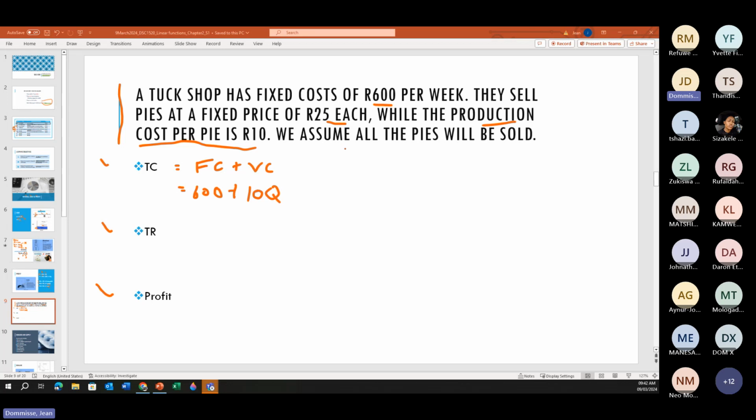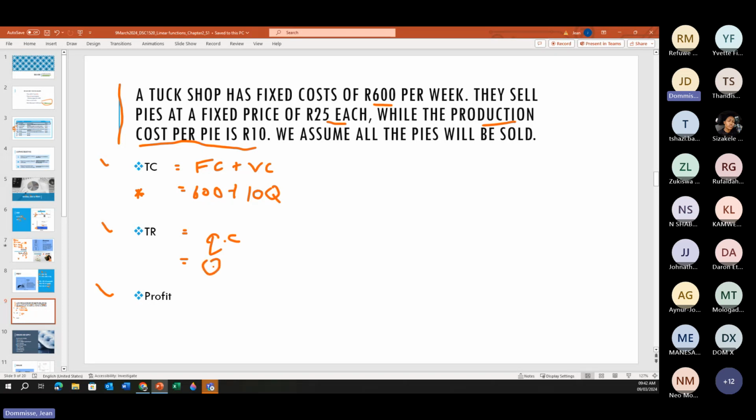Okay, so total cost function we have, then total revenue. Remember, that's just Q times what the costing is.